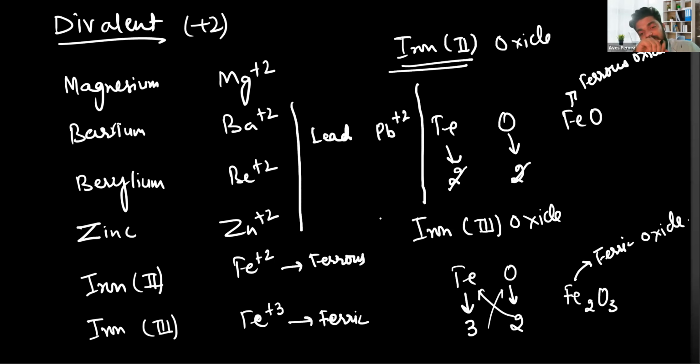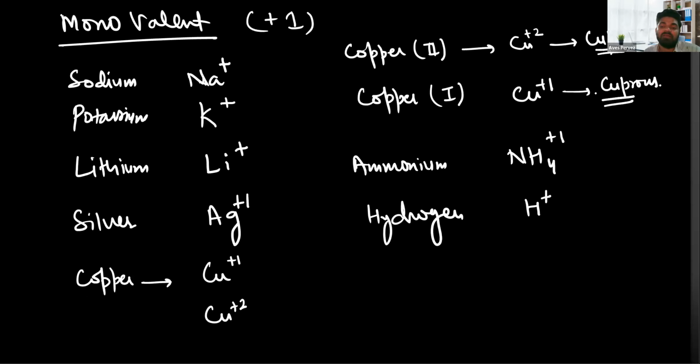Iron Fe+2 is called ferrous, and iron 3 is known as ferric. But in copper, the 2 is called cupric and 1 is called cuprous. In iron, you can simply say that "ous" goes with the lower one.